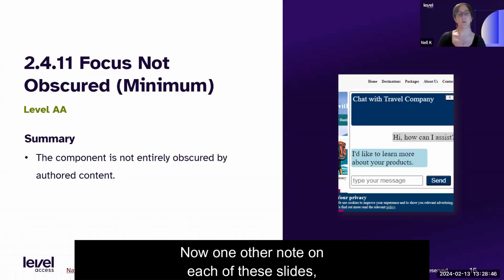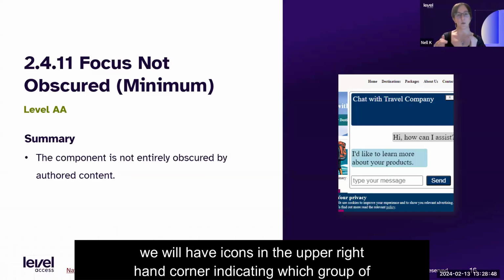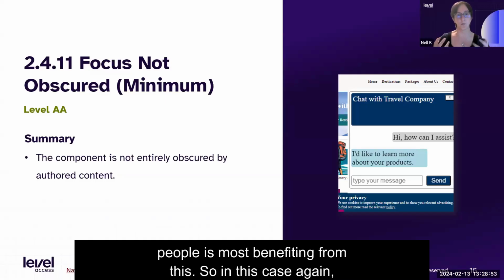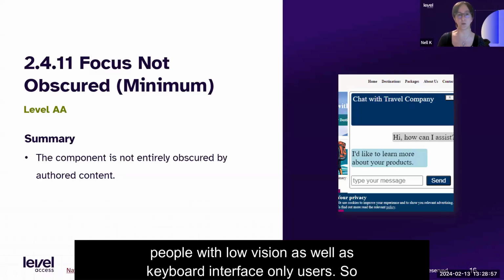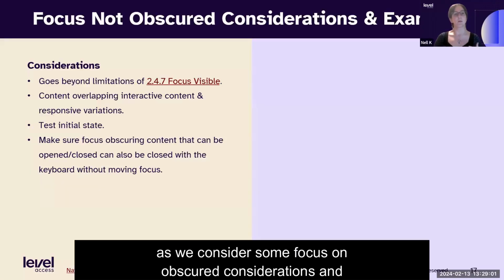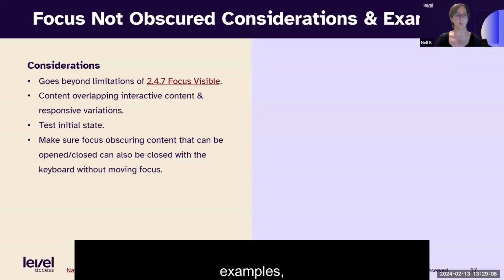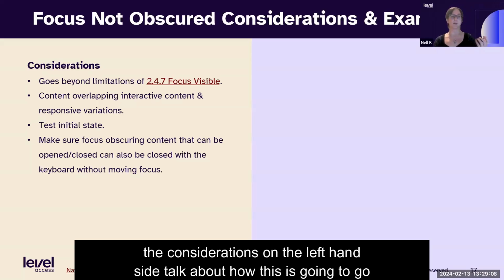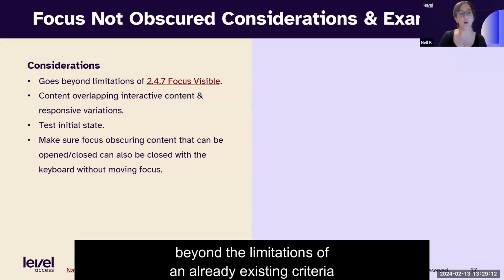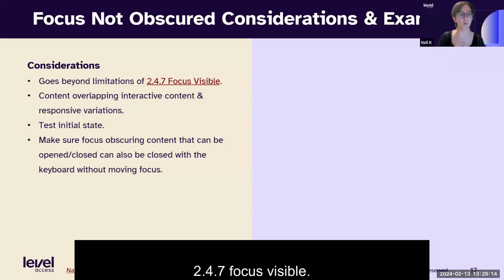Now, one other note, on each of these slides, we will have icons in the upper right-hand corner indicating which group of people is most benefiting from this. So in this case, again, people with low vision as well as keyboard interface only users. So as we consider some focus not obscured considerations and examples, the considerations on the left-hand side talk about how this is going to go beyond the limitations of an already existing criterion, 2.4.7 Focus Visible.